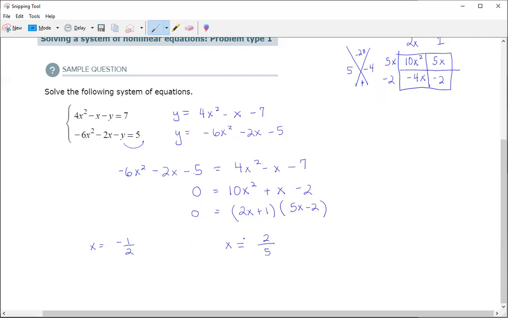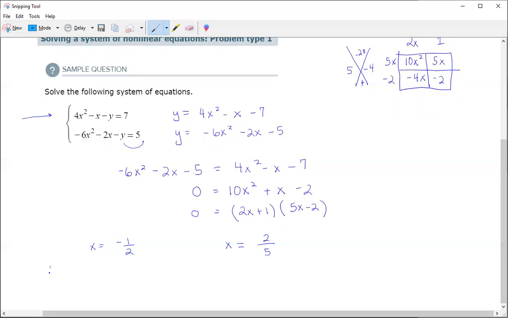All right, so now I need to go back in and substitute this x into one of the equations. If I substitute it into this one, I would get 4 times negative 1/2 minus 1/2 minus y. Actually, I should substitute it into there. So let's substitute it into there instead. That way I don't have to do all of the running around.